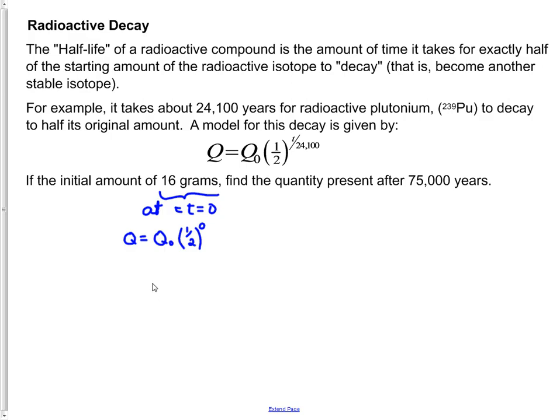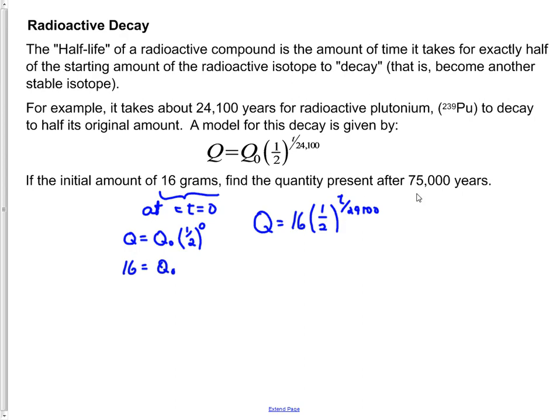Well, 0 divided by anything is 0. So that 16 grams is our amount Q0. And so our model here, Q, the amount of radioactive isotope, is equal to 16 times 1/2 raised to the T over 24,100. All right.